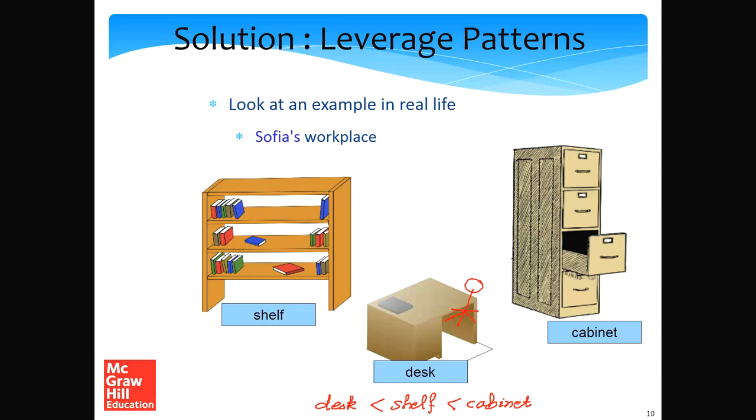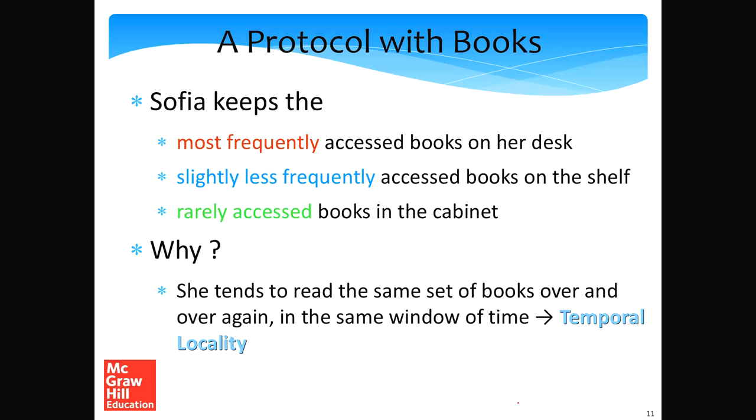What is one thing that we can see from here? Accessing a book from the desk is fast and quick, but the desk also has small size. Then we have the shelf, which is slightly larger, and it can fit more books. And then we have the cabinet, which is really large. So what would be the right way for Sophia to organize her books?